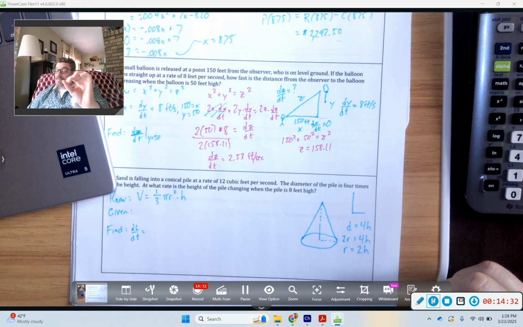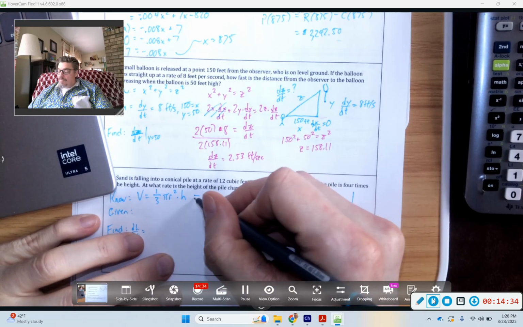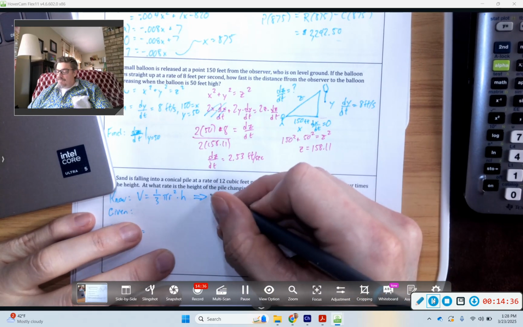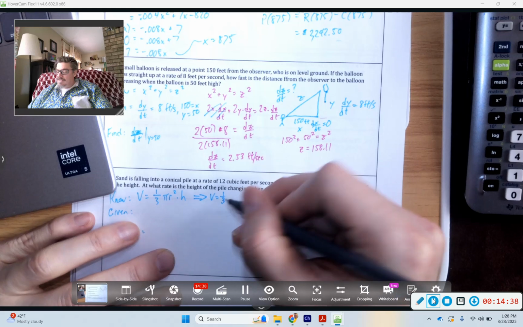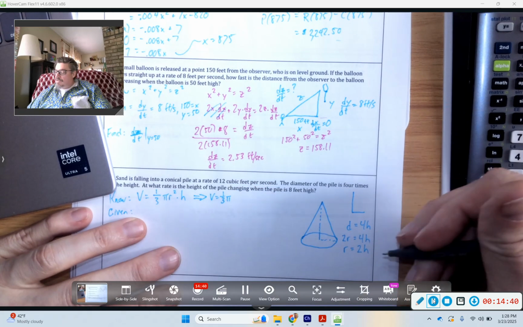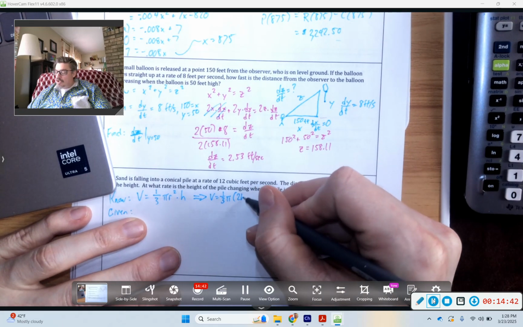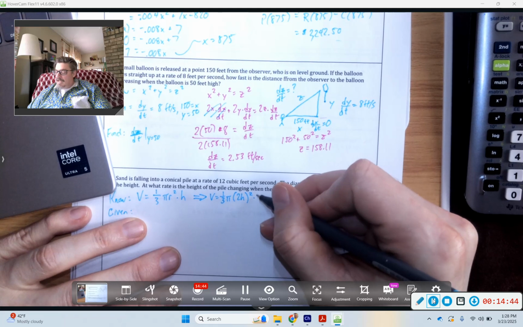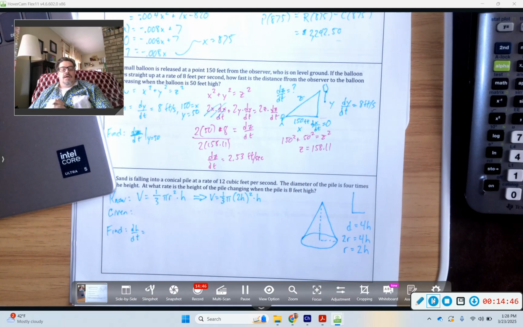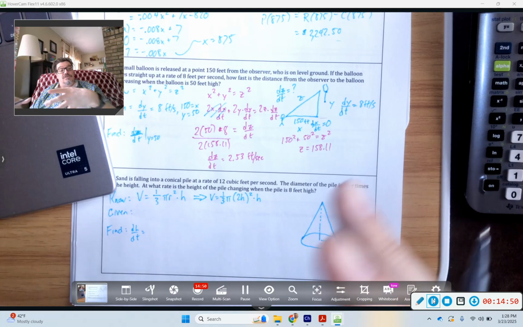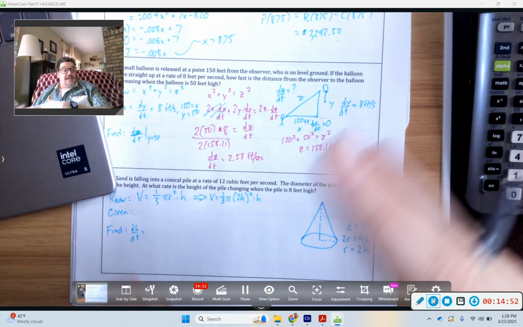So this means that we're going to replace this volume formula with our situation, and it's going to have (2h) squared times h. So we've got that r out, so we can replace it with a geometric relationship that is kind of given to us already.